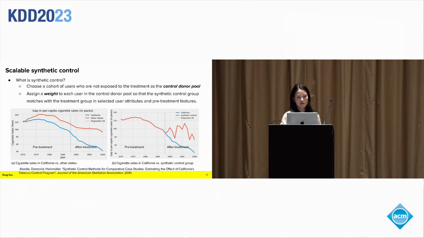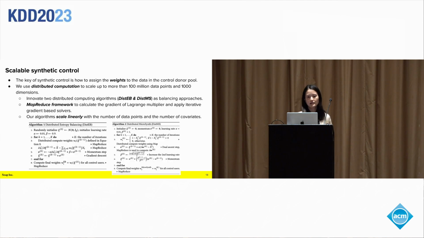We see that these two curves are very identical before the treatment happens. Then we are able to measure the difference between the sales in California and the sales in the synthetic control group. And the difference basically tells us the causal impact of Proposition 99 on the sales of cigarettes in California. So this is the rough idea of synthetic control.